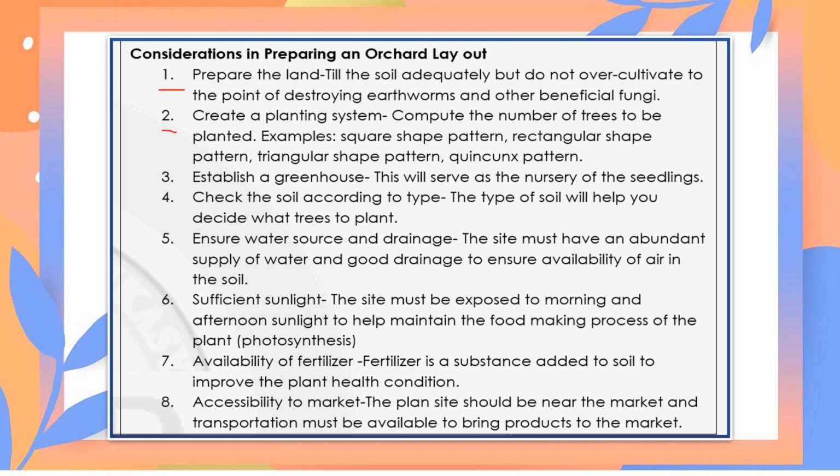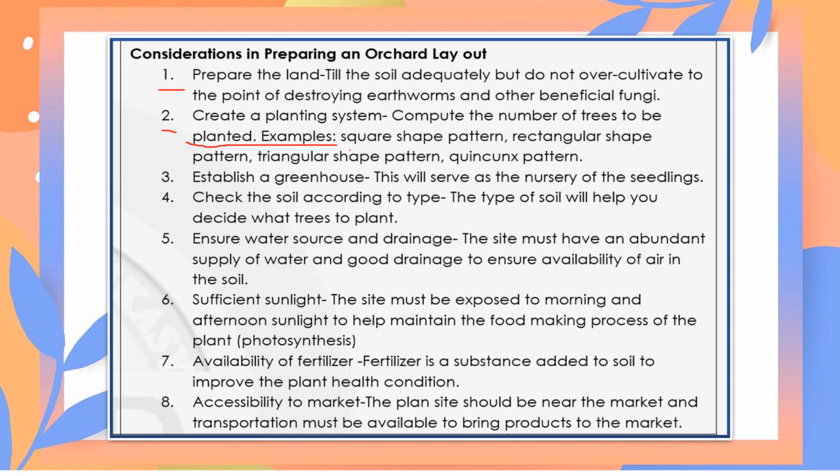Second, create a planting system. Compute the number of trees to be planted. So, mahirap yun mga bata, hindi basta-basta. So, kailangan pag nagtanim tayo, meron yung mga pagitan kung gaano kalapit o kalayo ang bawat pananim.